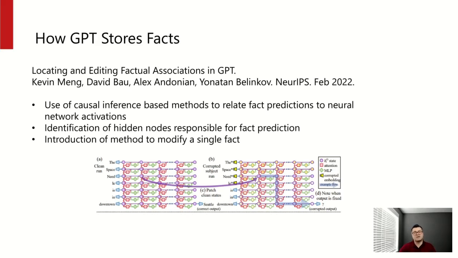So basically the implication here is that a lot of those parameters are actually used to capture knowledge, kind of like a knowledge base. That's very interesting, and we'll get back to that later in this presentation.